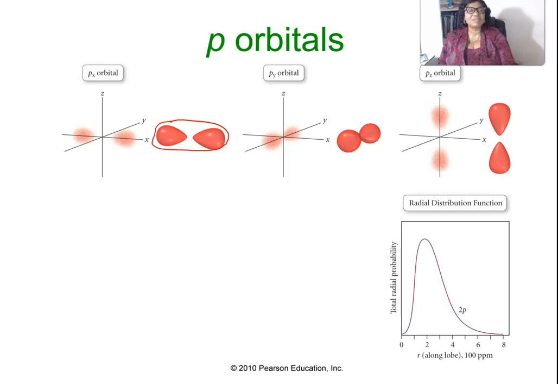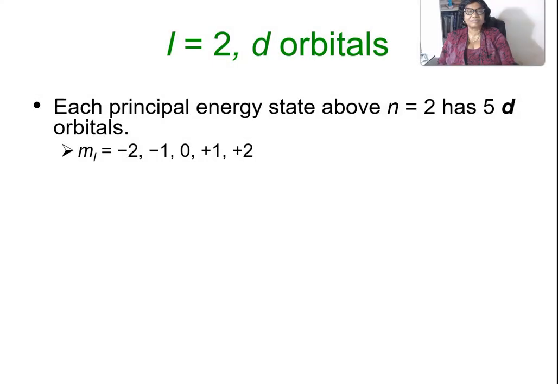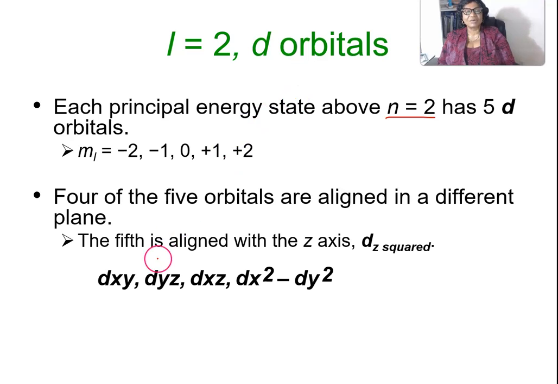Then let's look at the d orbitals. l equals 2, d orbitals. Each principal quantum state above n equals 2 has 5 d orbitals: minus 2, minus 1, 0, plus 1, and plus 2. 4 of the 5 orbitals are aligned in a different plane. One is aligned with the z-axis, dz squared.